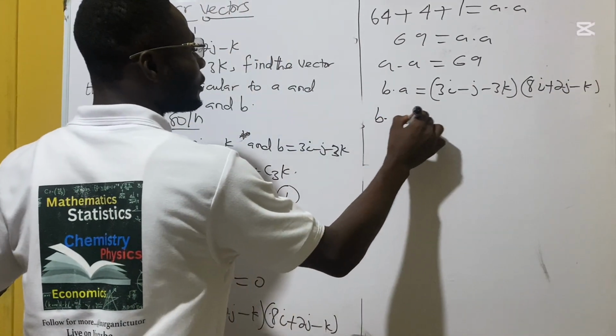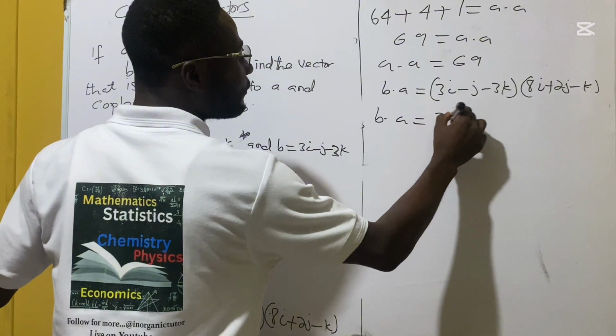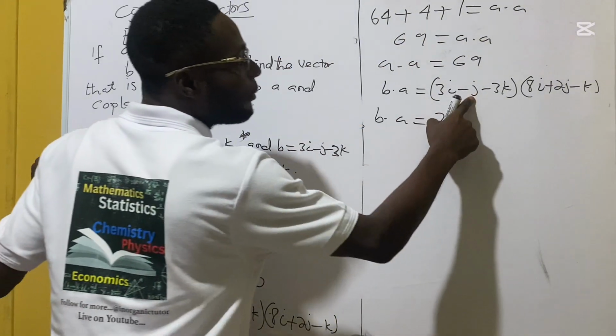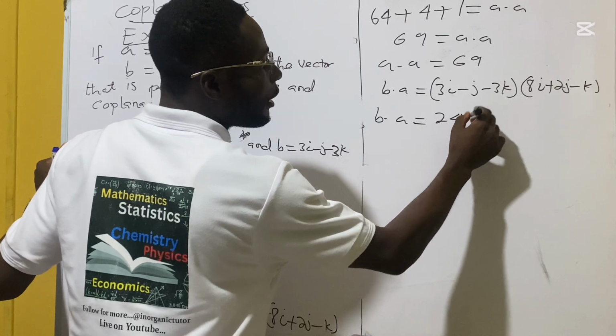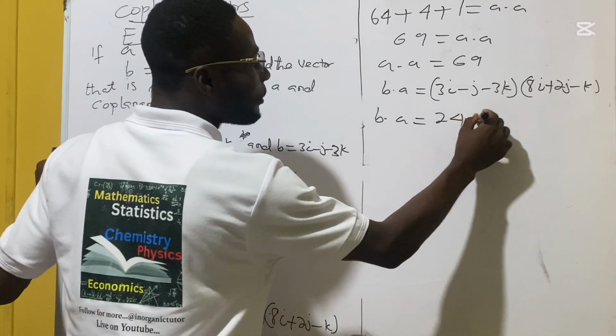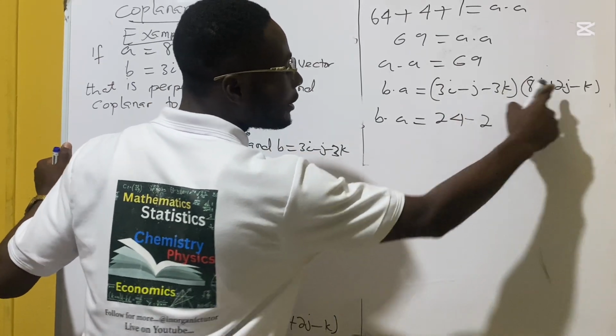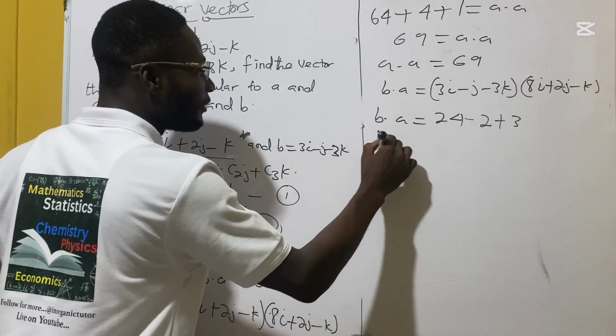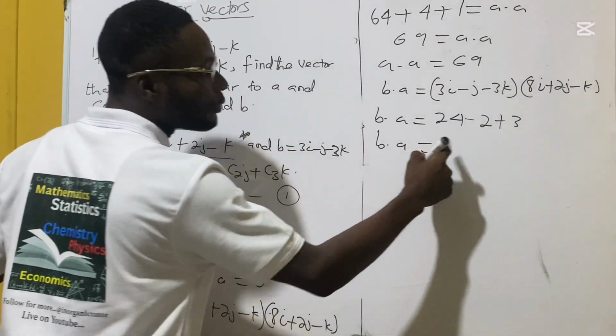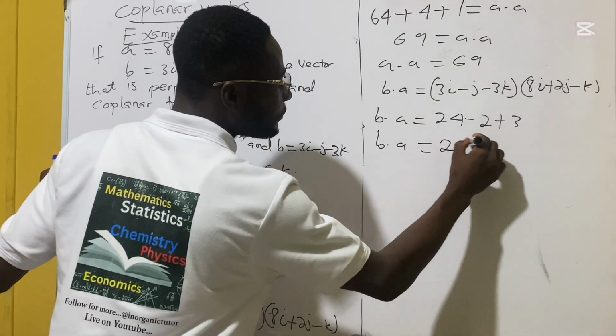So we have 24, minus 2 times 1, minus 2 times 2 becomes minus 2... minus 3 times minus 1 becomes plus 3. So basically we have B dot A to be equal to 25.